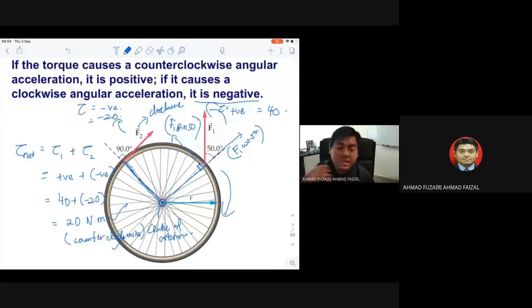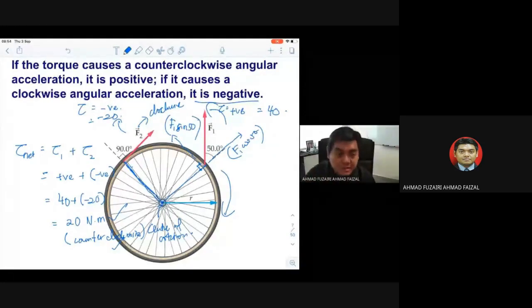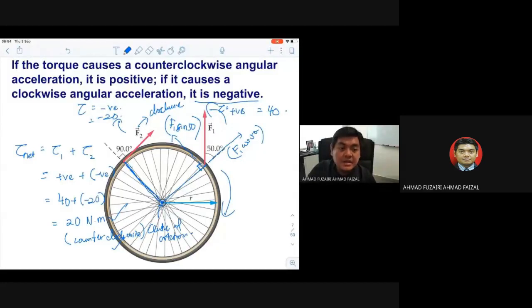Oh, sebenarnya dia tak kisah pun awak nak follow yang mana, tetapi in our own view, based on your textbook or your survey textbook, the torque is positive when it is in the counterclockwise position, and it's negative when it is in a clockwise position. So that's why we have to follow the rules, okay?